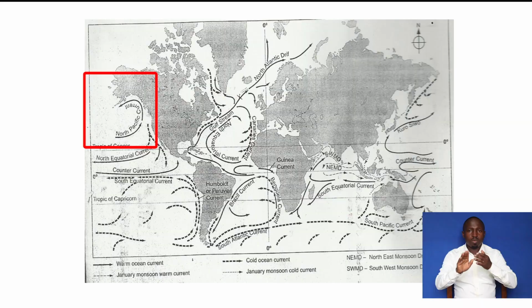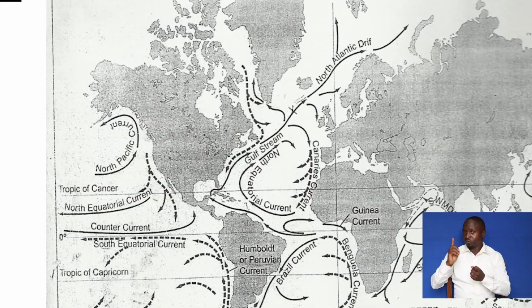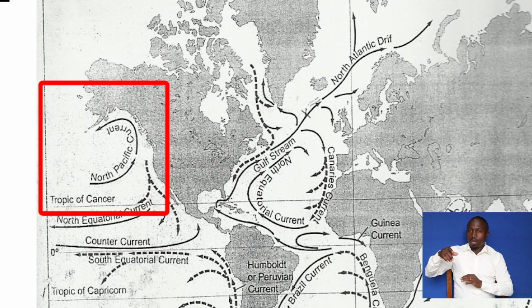So you can check there. The North Pacific current, focus on the western side of North America. Check the direction of the current. The current there has been determined by the shape of North America on its western side.